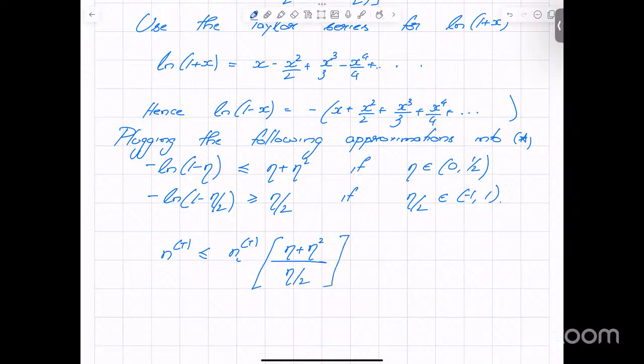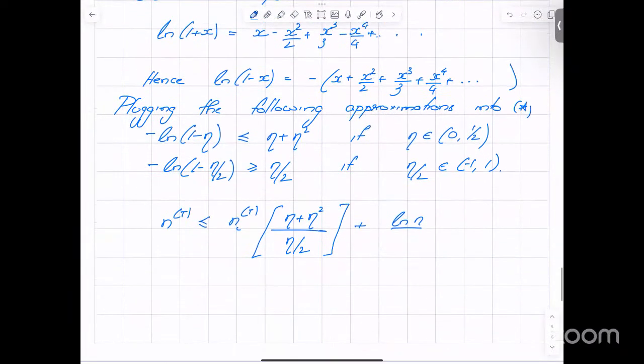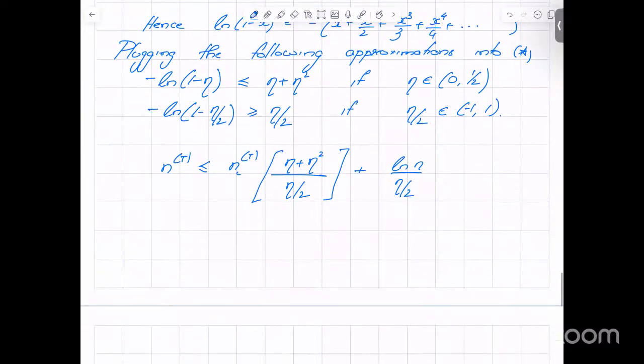Now I realize why I used epsilon in my notes, because I think my eta and n are too similar. Plus ln n over eta by 2. So this is 2 into 1 plus eta nit plus 2 ln n by eta.